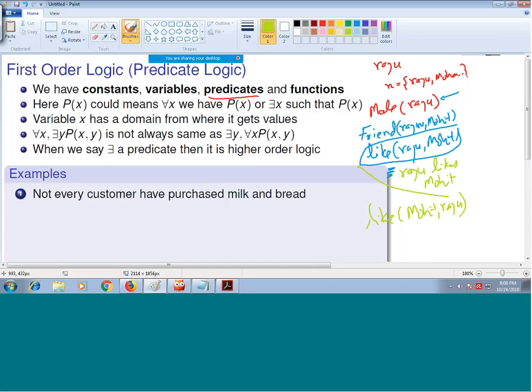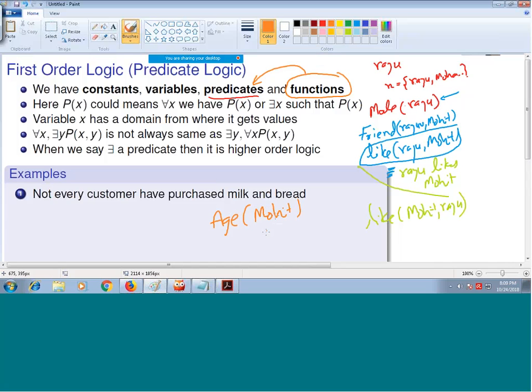All right. Then the third important thing is a function. A function actually computes something, and a function does not exist independently. It exists with respect to a predicate, and whenever we have a function, it gives something to the predicate. For example, say I define a function age. Given Mohit, it tells you the age of Mohit.